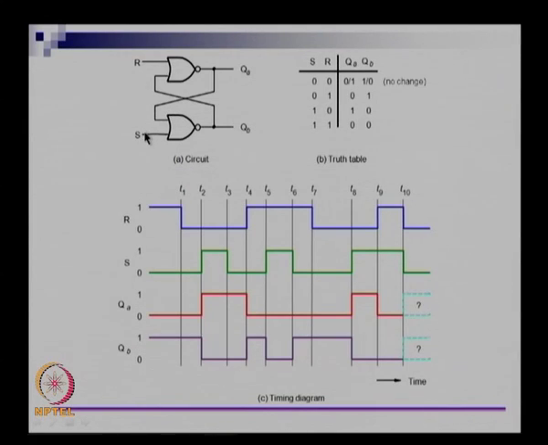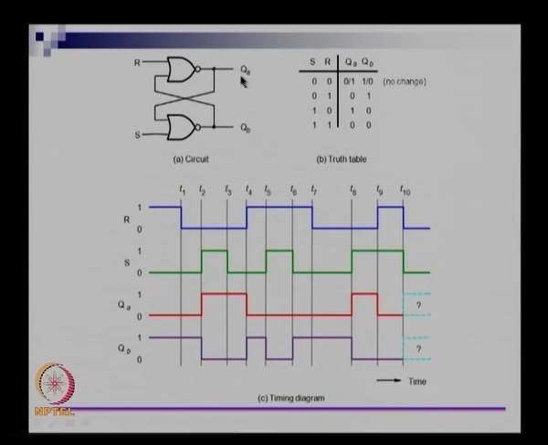So if both S and R are 0, right, so what would happen? Because R is 0, QB or 0 would be QB complement. So let us assume in fact that R is 0, S is 0, and let us assume that QA is 0 and QB is 1 for a while. Right?